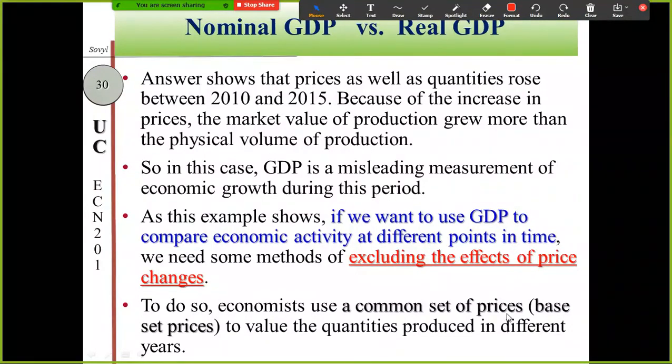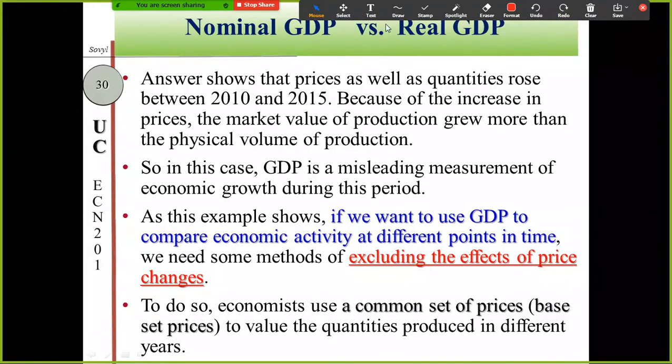Even though we calculate the other years, the other periods, we still use this period's price or this year's price. We call it base set price, to value the quantities produced at different points in time or different periods of time.